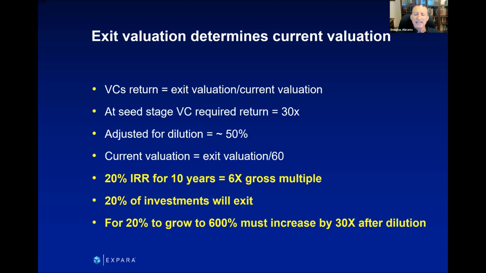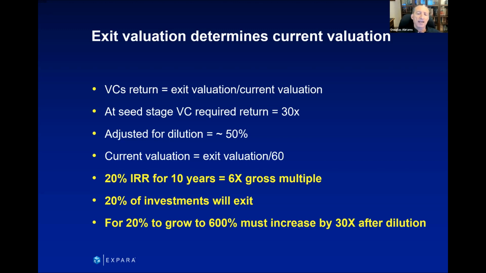But VCs also have a cost of capital, because VCs are not typically investing their own money, or mostly not investing their own money. They're mostly investing investors' money, the people who put money in their fund. So the VC's cost of capital is the required return that the VC needs to deliver to their investors.